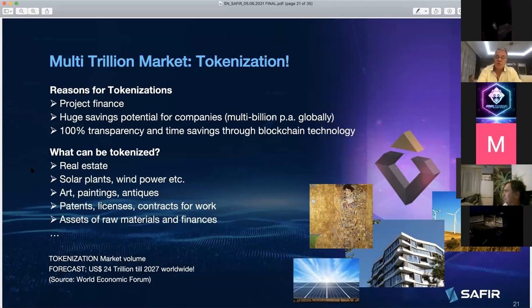Real estate is one part. Solar plants, wind power plants, agriculture, eco-friendly things, arts, paintings, patents, licenses, contracts for work, assets of raw material, finances, insurances, medical records, anything can be tokenized and bring a value to the users.